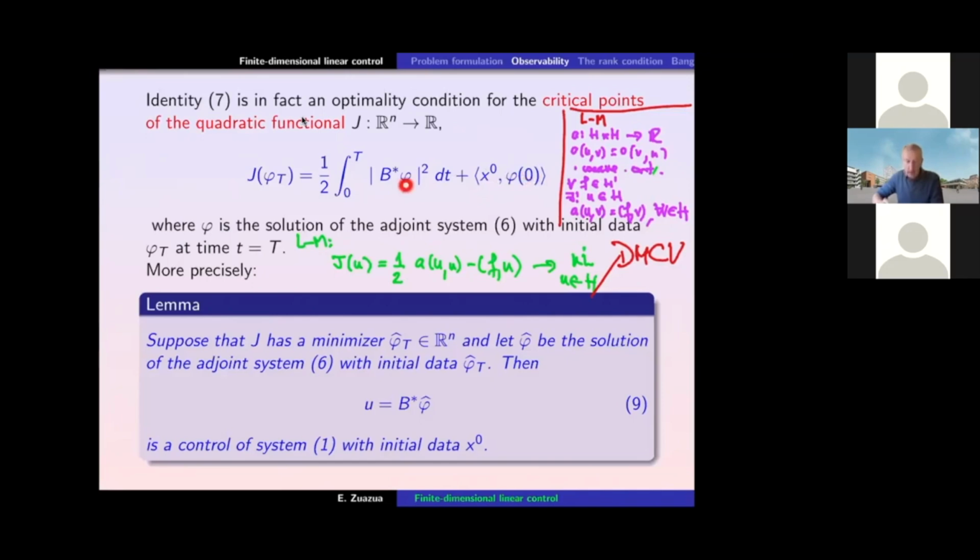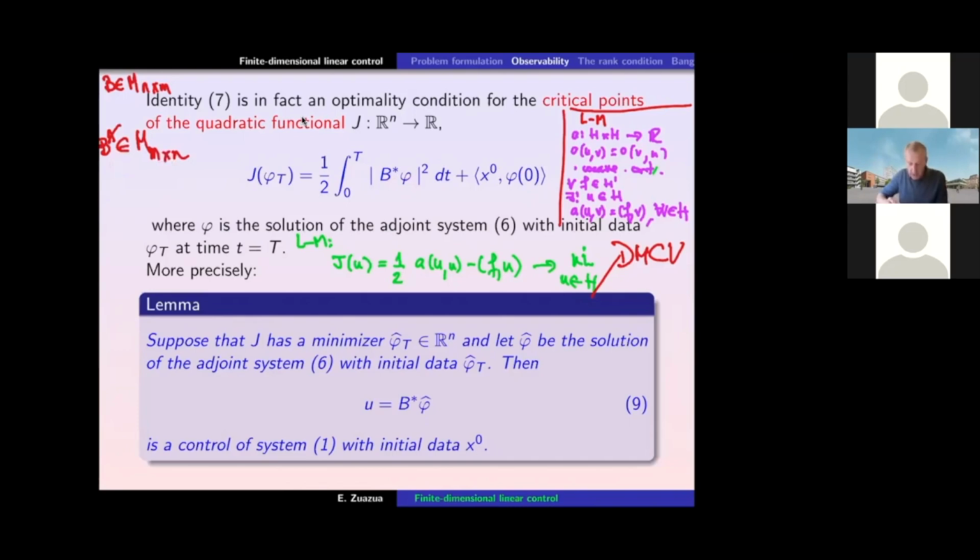On the other hand, out of the adjoint system, you have the vector phi, the solution phi depending on time, which has n components as the state x. You apply the matrix B star. So recall that B is a matrix n times m. So B star is a matrix m times n. So you are taking the n components of phi and multiplying them by the matrix B star.